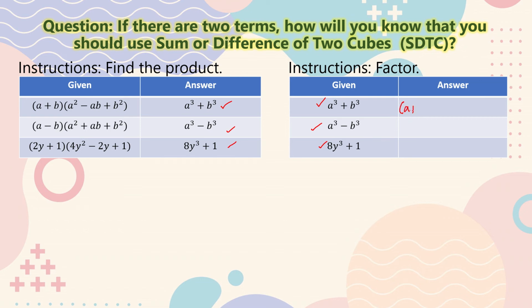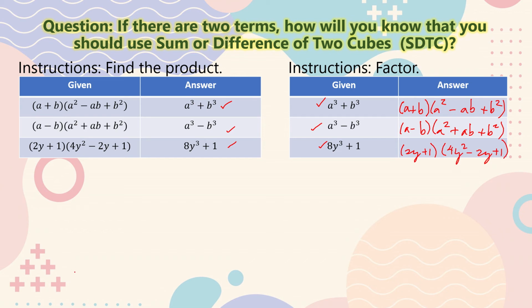That's the quantity of a plus b times the quantity of a squared minus ab plus b squared. Here is a minus b times the quantity of a squared plus ab plus b squared. And the last one is 2y plus 1 times the quantity of 4y squared minus 2y plus 1.